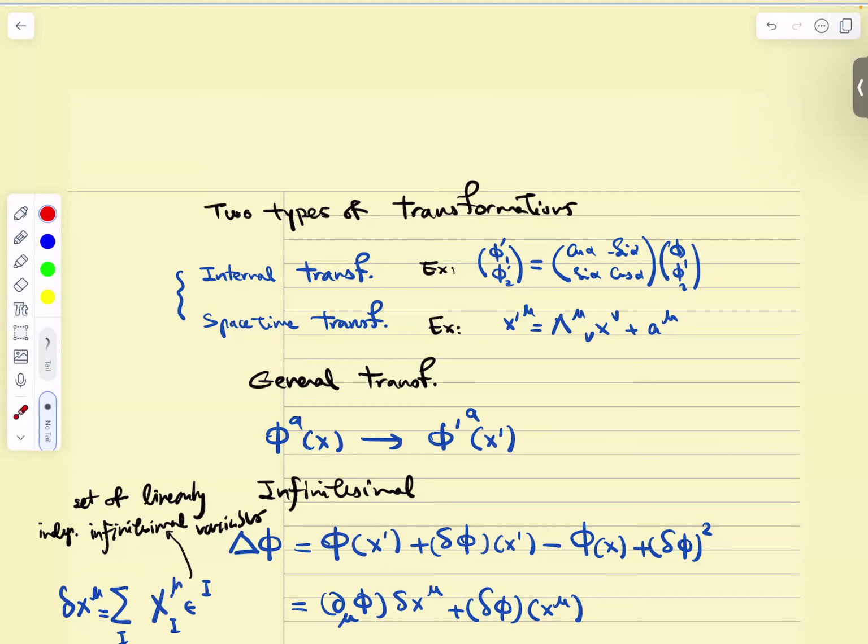Our transformations are a combination of the two. As a matter of fact, that's the stuff that we should always consider. Good. So under the transformations we're going to consider, the point x goes to x prime, but also the field phi goes to phi prime.